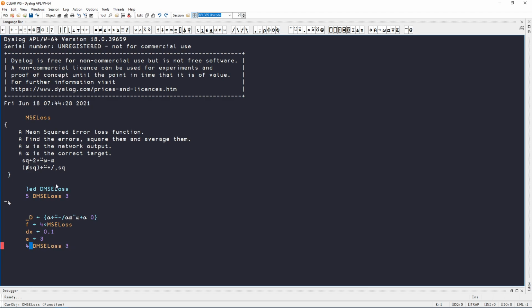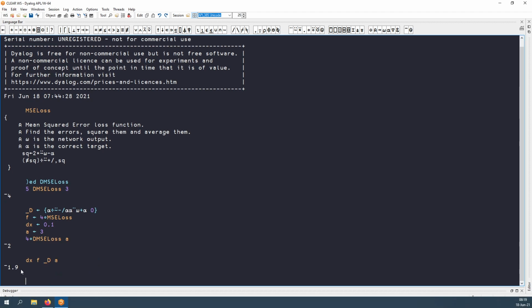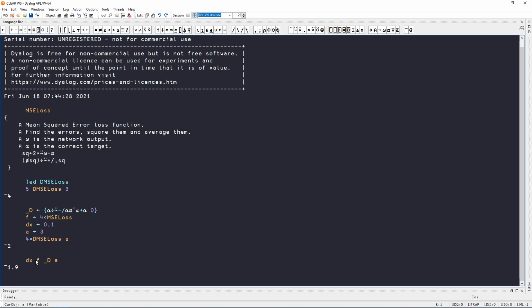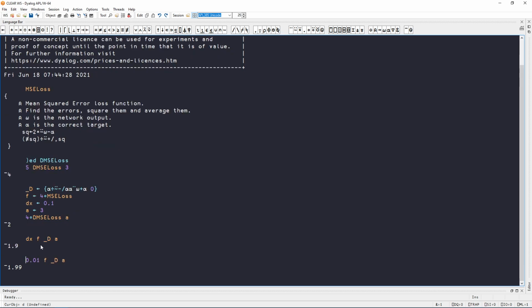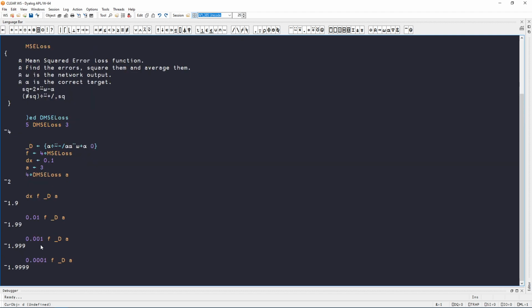So notice here, this is the 4 that's curried on the left, and in here we have the value a, and that gives us minus 2. Now if this value is correct, then the numerical derivative should be close to that value. And you can see that it is fairly close. And in particular, it gets even closer if we decrease our dx value, which is what we expected.